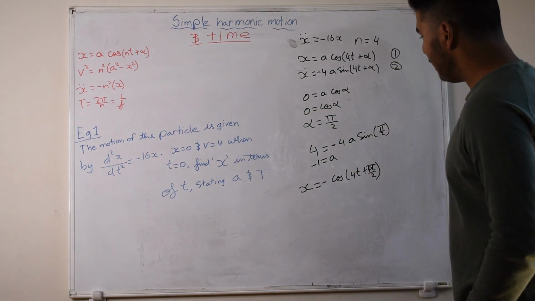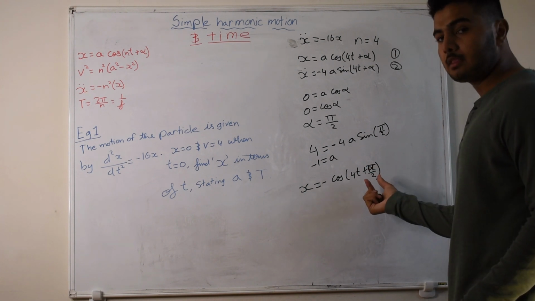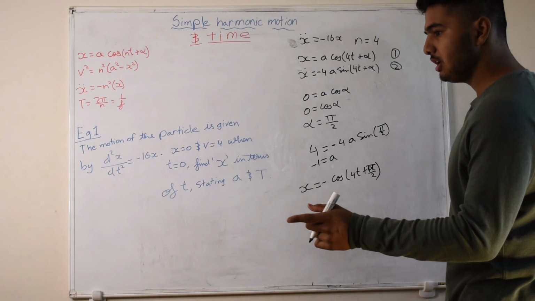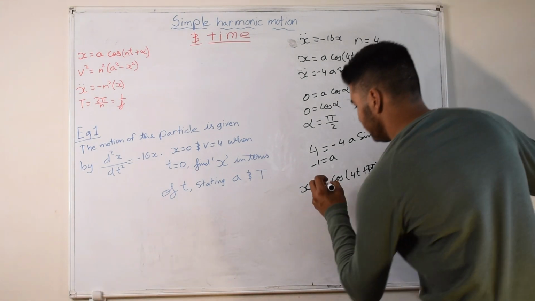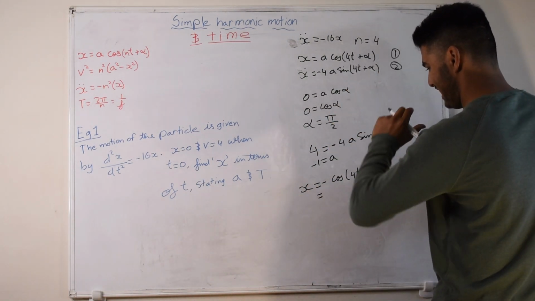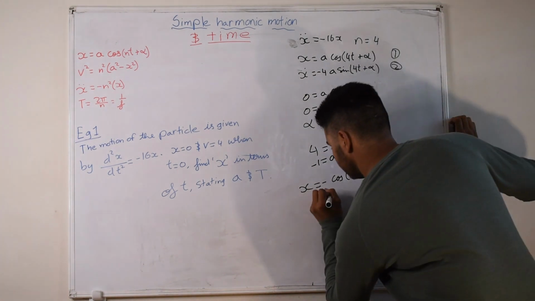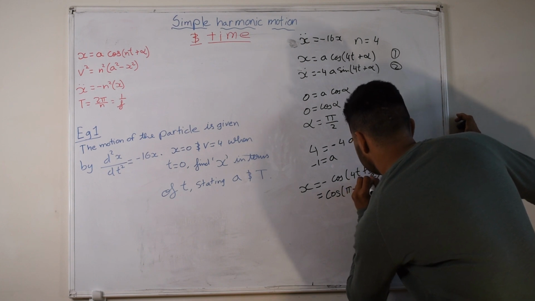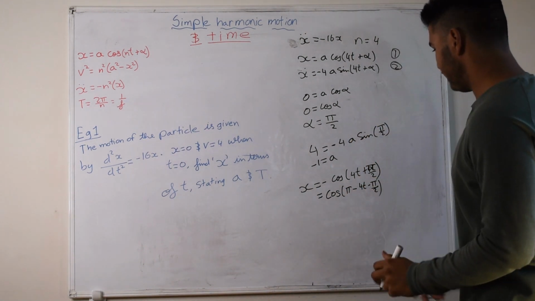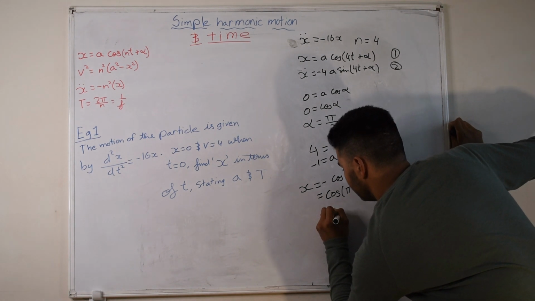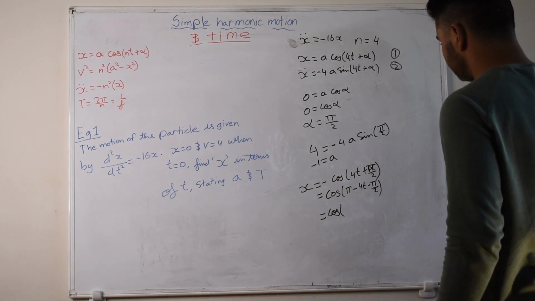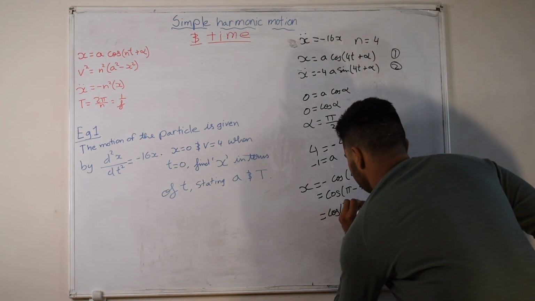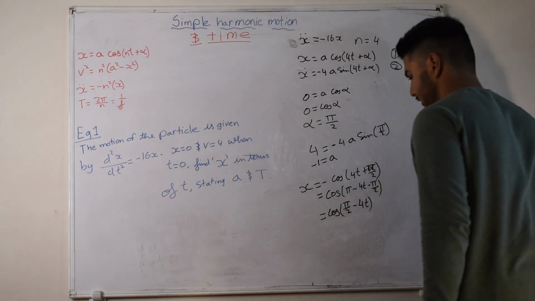Correct? But negative cos of theta is also cos(pi minus theta). So write it as its positive case. You can go cos(pi minus 4t minus pi upon 2). Correct? We have cos(pi minus pi upon 2 minus 4t), and pi minus pi upon 2 is just pi upon 2, so x equals cos(pi upon 2 minus 4t).